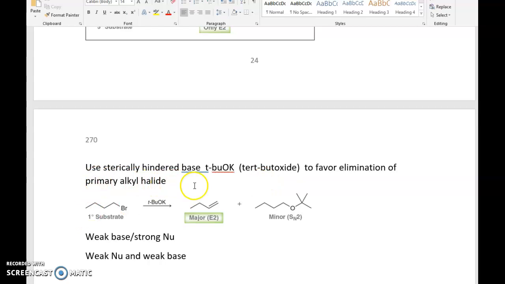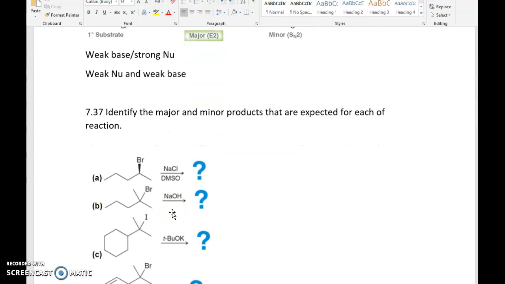If we use a sterically hindered base, this is the tert-butoxide, that looks like that, and it's very sterically inhibited. You'll favor elimination, even in a primary. So our major will be an elimination.